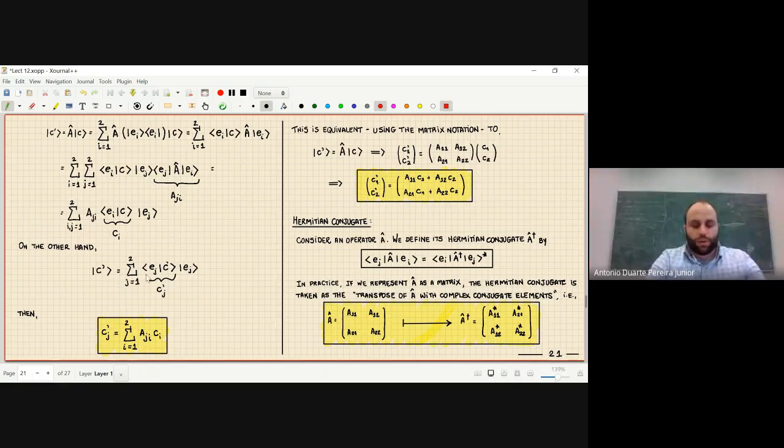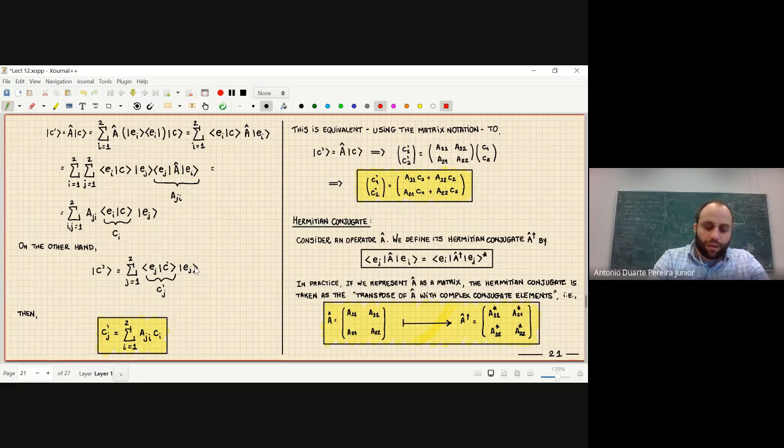So what I do here, I just write the obvious thing. C prime can be written as a linear combination of the vectors that form the basis. In particular, I'll have this coefficient that multiplies Ej, and this is nothing but the expansion of the vector C prime in the basis of Ej.